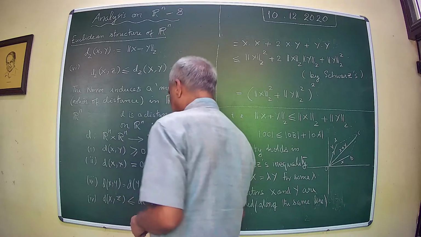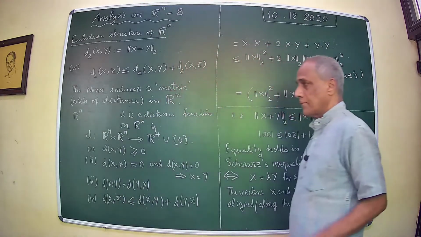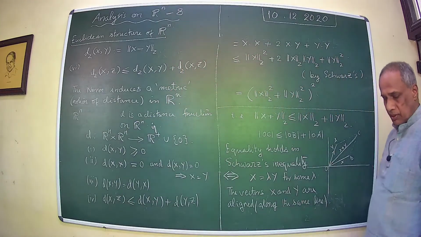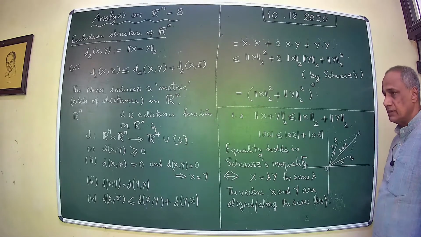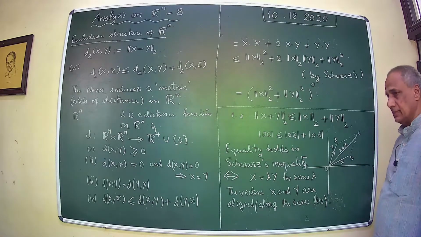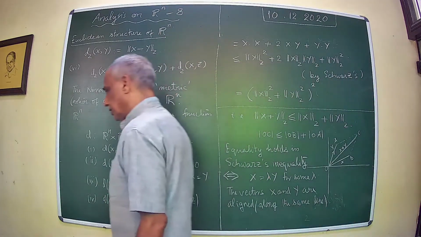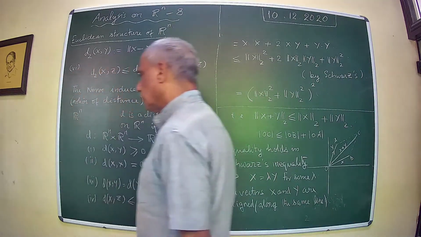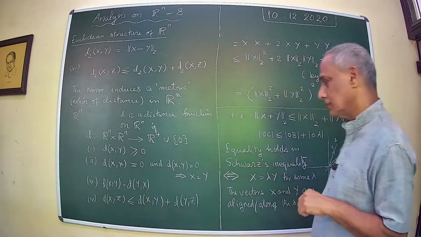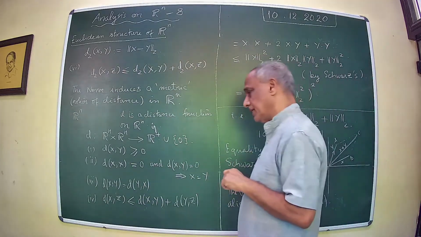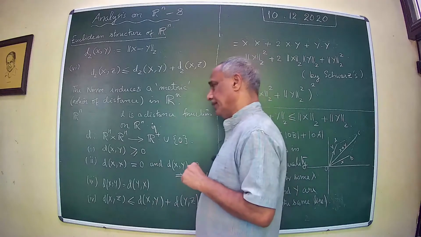That means if you travel from x to z, the direct distance is certainly less than or equal to the distance you have to travel if you were to route through a point y.